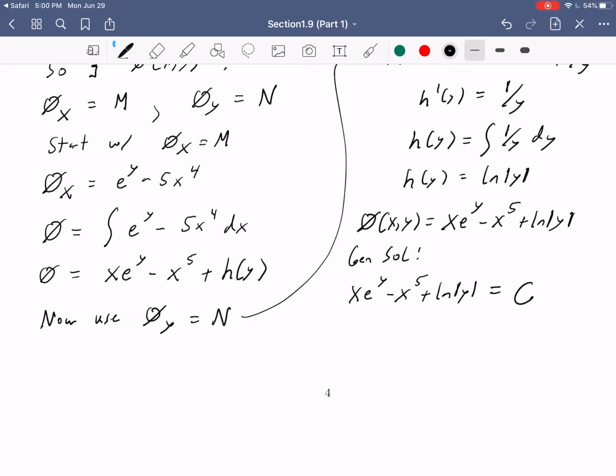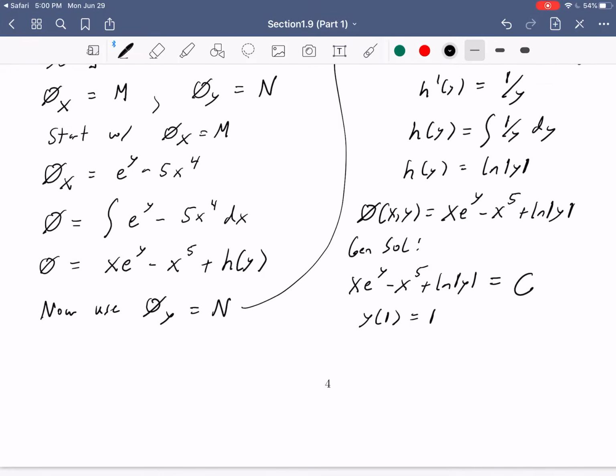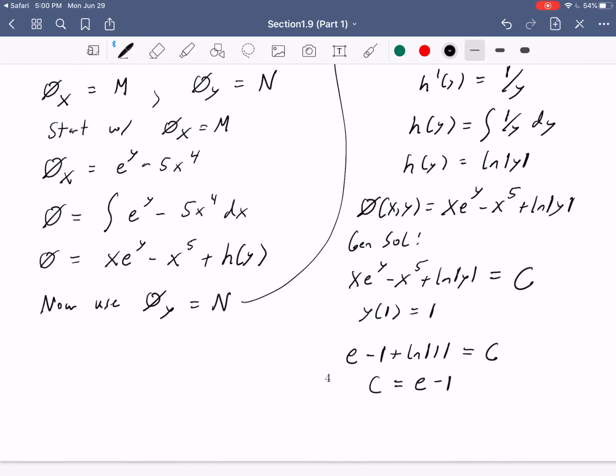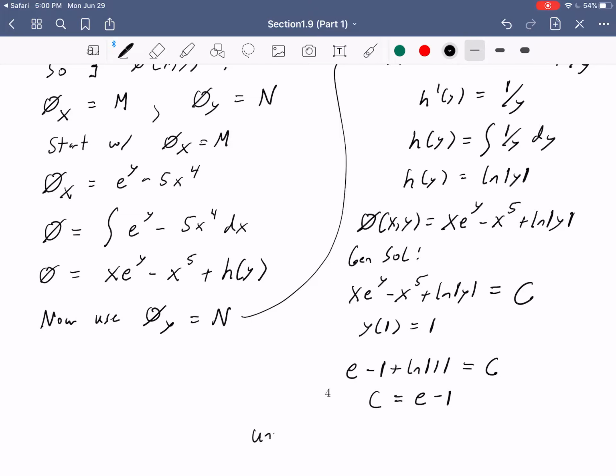Of course, we'll be plugging in implicitly, but that's okay. So y of 1 equals 1. That means x is 1 and y is 1. So it looks like we should get e minus 1 plus ln absolute value 1 equals c. So it looks like c is e minus 1. So that tells us the unique solution we wanted to find was x e to the y minus x to the fifth plus ln absolute value y equals e minus 1.